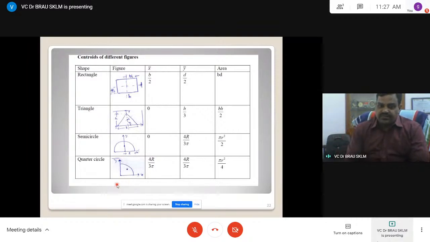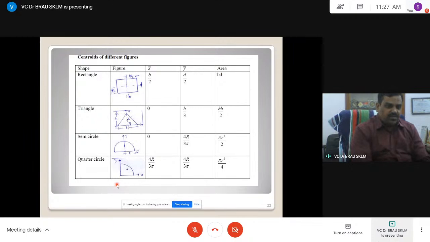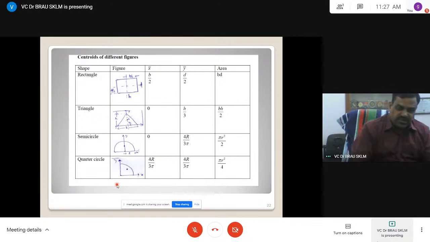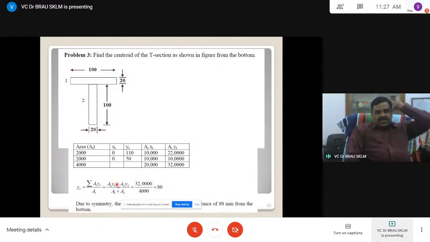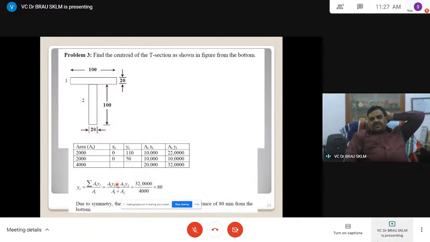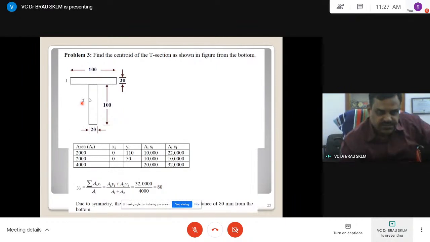And find out the remaining values, x with respect to x. Now let us consider finding the centroid of a T section, which we already did previously, but once again with numerical values now. With respect to the y-axis it is symmetric.